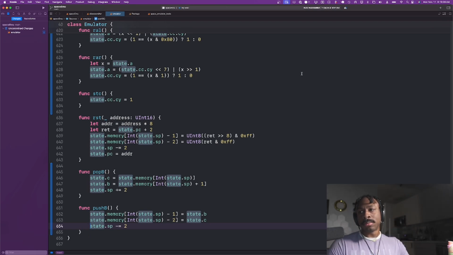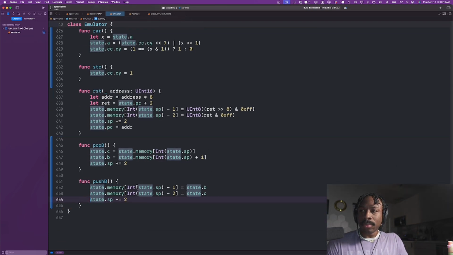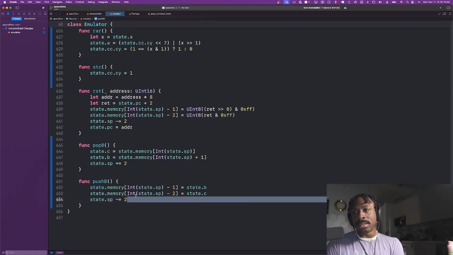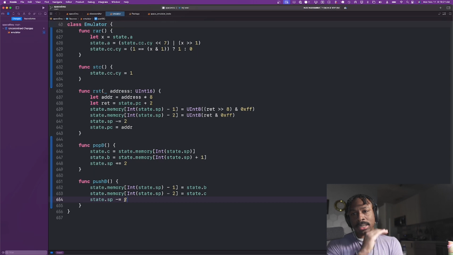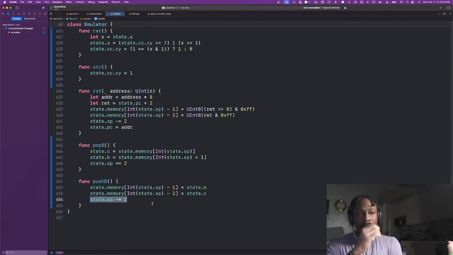I hope so. All we're doing is putting things on memory inside the memory array, and then the stack pointer is just where on the stack the top is pointed to. We don't actually have to manipulate memory itself. We just have to move the stack pointer around.